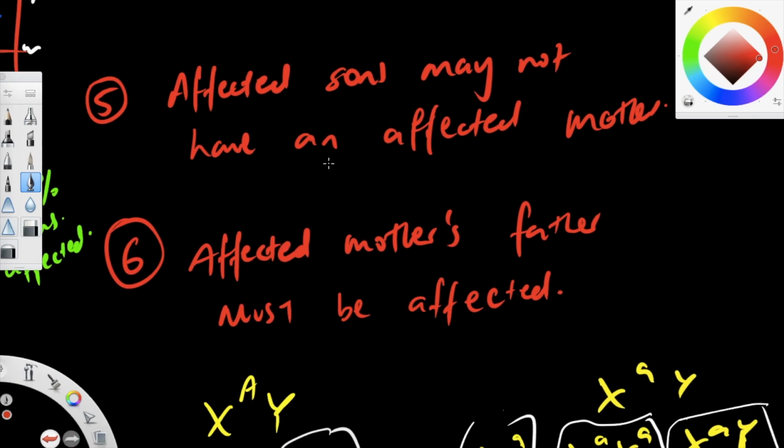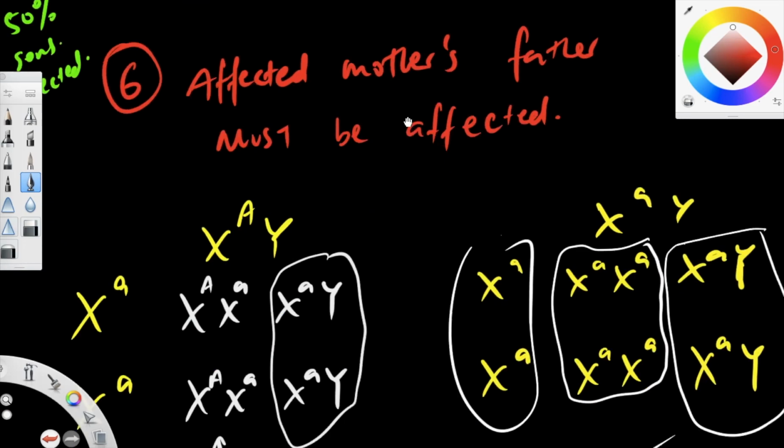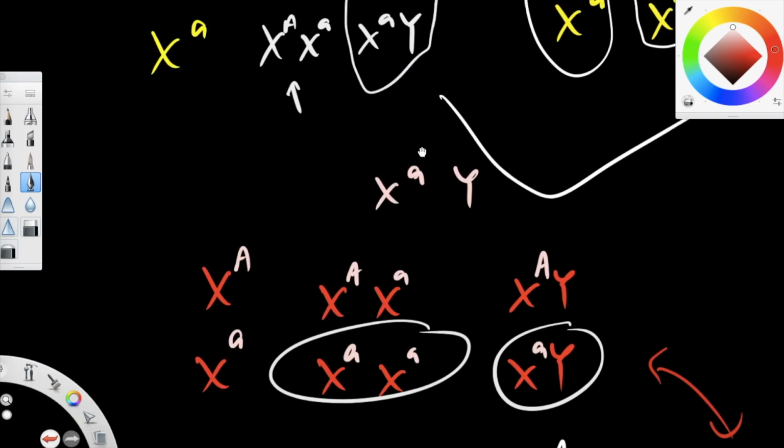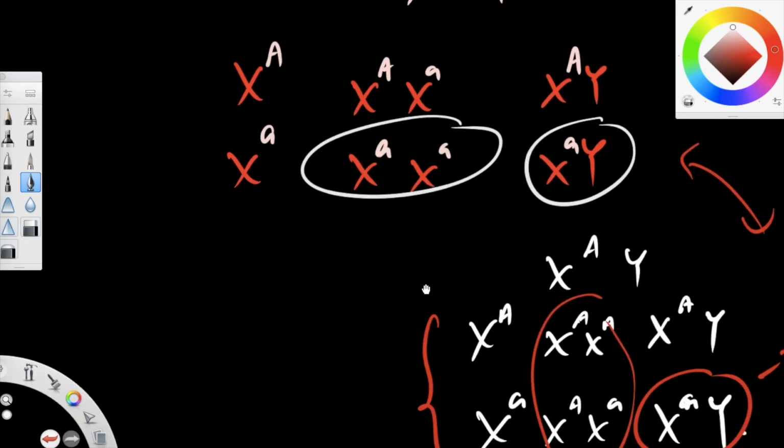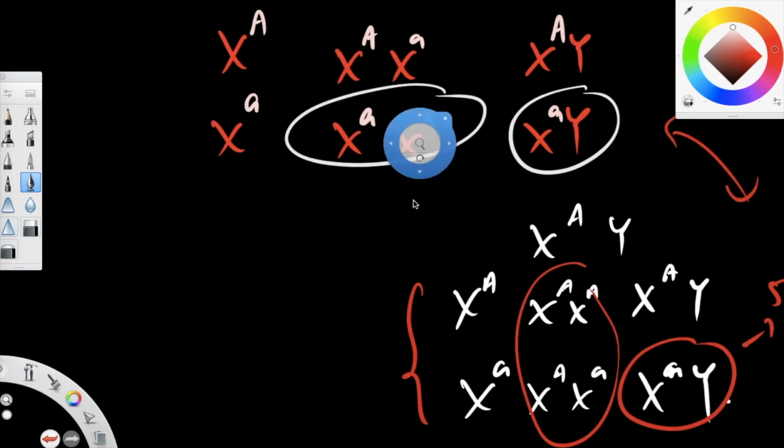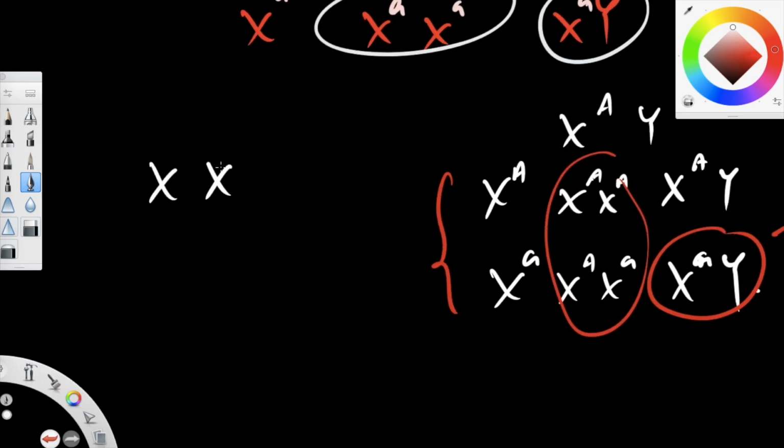So that's a criteria. Affected sons may not have an affected mother. Number 6 is that an affected mother's father must be affected. So let's just see how that's the case. You have an affected mother, right? Like this. So the mother will receive one X chromosome from her mother, right? And she will receive one X chromosome from her father.